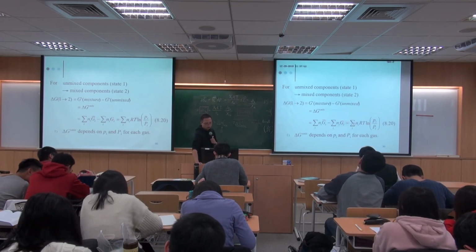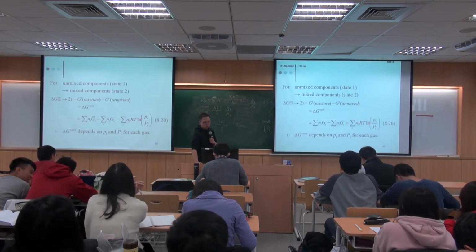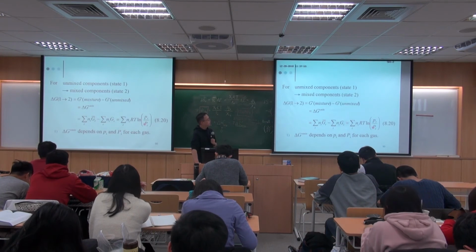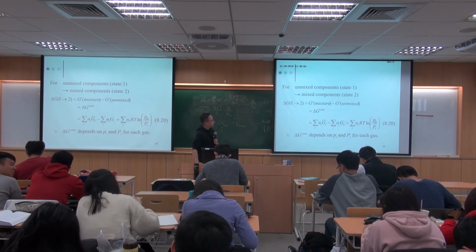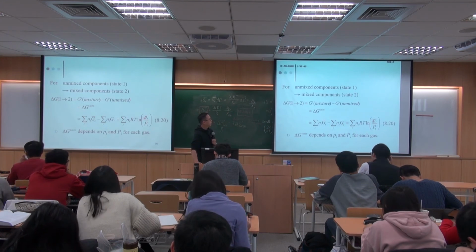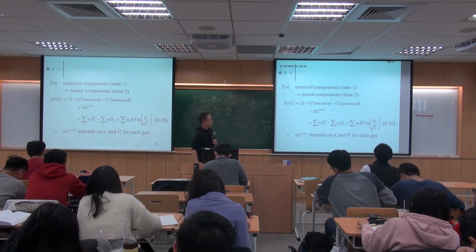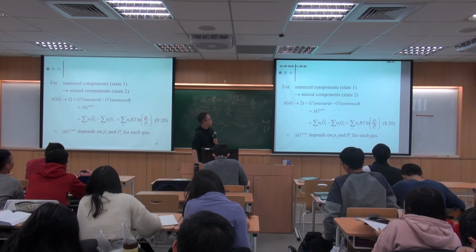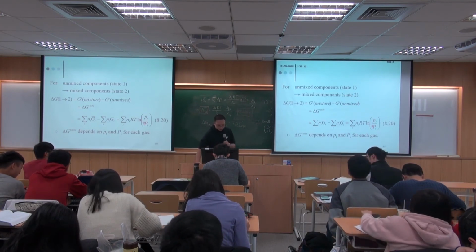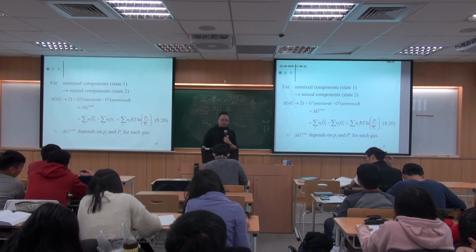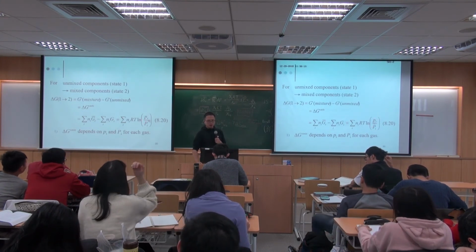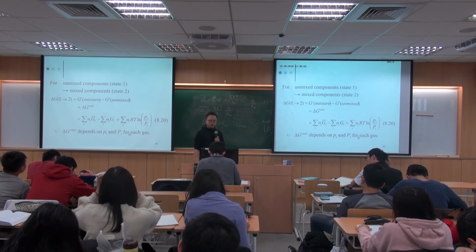So it turns out to be N_i RT log small pi over the capital Pi. So this is before, this is after, right? And after minus before. So we have small pi over the greater Pi. Therefore, delta G prime mix depends on this small pi and large Pi for each gas.